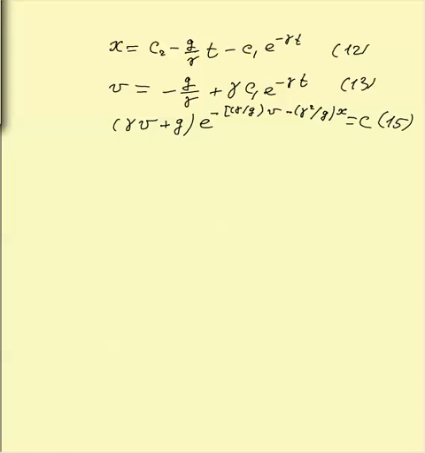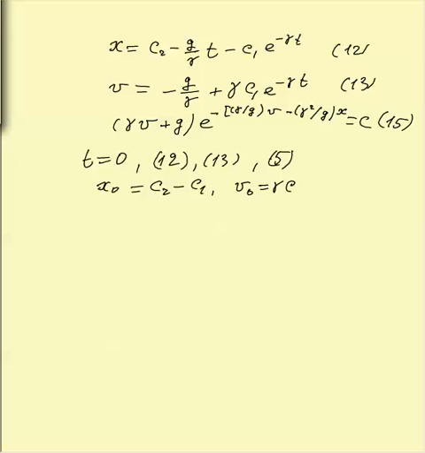In order to do that, we again let t equal 0 in equations 12 and 13, and using the notations given by equation 5 above, we obtain that x0, from equation 12, equals c2 minus c1, and equation 13 gives v0 equals gamma c1 minus g over gamma.